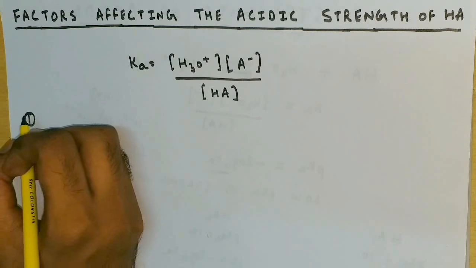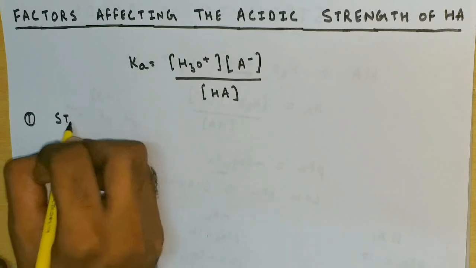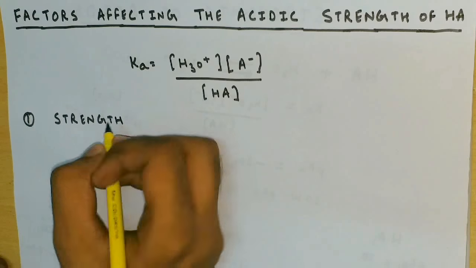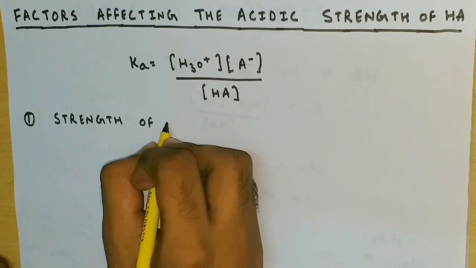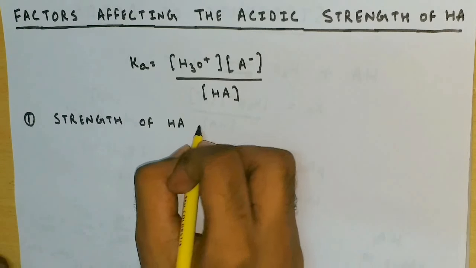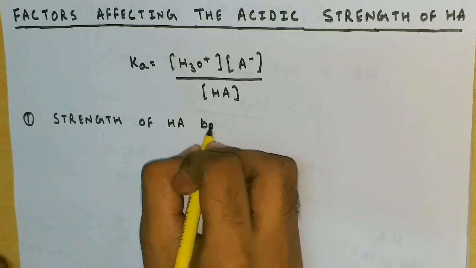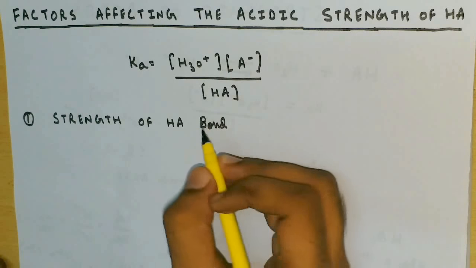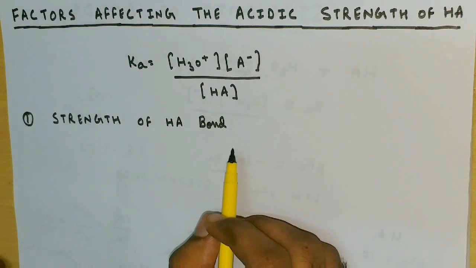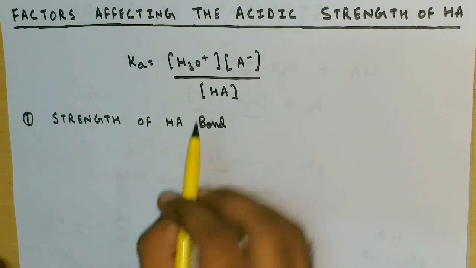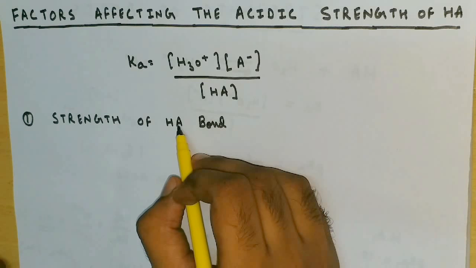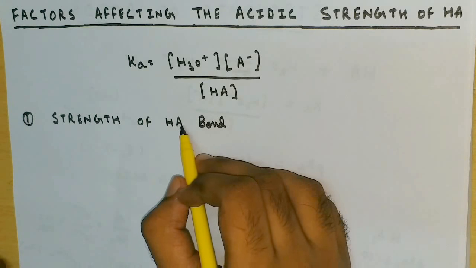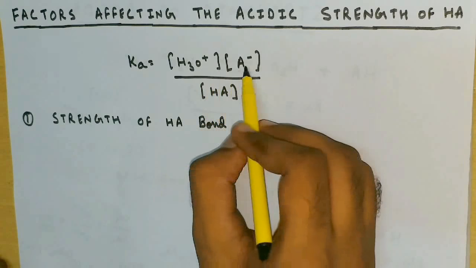So the first factor is strength of the H-A bond, where A is the conjugate base. If the bond between H and A is weak, the acid will tend to break down easily and show more reactivity. And in this way, we will get a higher amount of H3O plus and A negative.